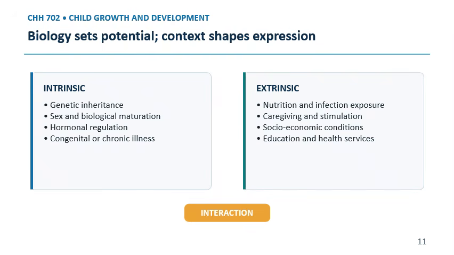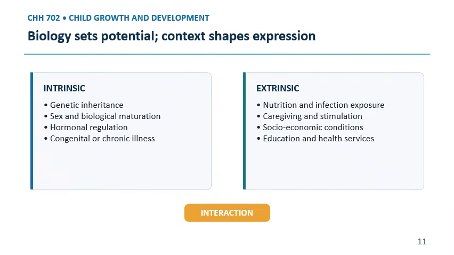Extrinsic factors arise from the environment and include nutrition, infection, exposure, caregiving, stimulation, household resources, education, health services, and the physical and social environment. This slide places intrinsic and extrinsic factors side by side with the interaction beneath them.